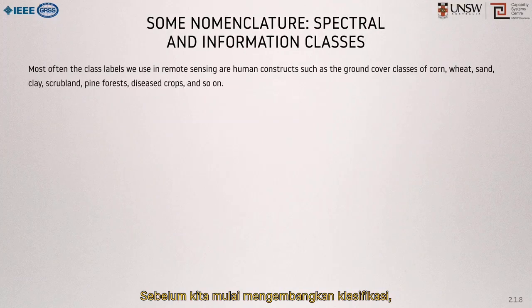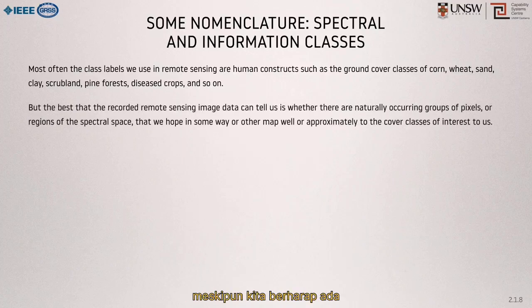Before we commence developing the classifiers, it is important to distinguish between what we as users think of as classes in the landscape and what machine learning algorithms see as classes in the data. The two may not be the same, although we do hope there is a close mapping between them.